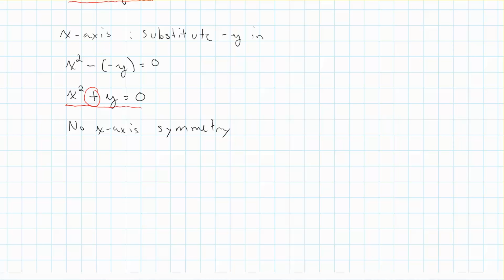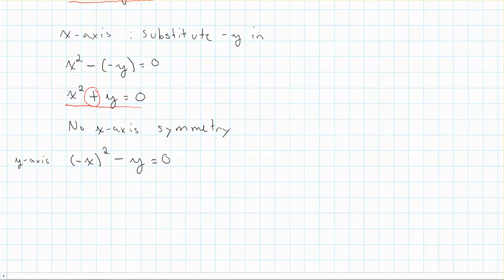We have y-axis symmetry. So y-axis, what we do is we substitute negative x in. So you have negative x quantity squared minus y equals 0. Now we have to simplify this out. So again, this is y-axis.